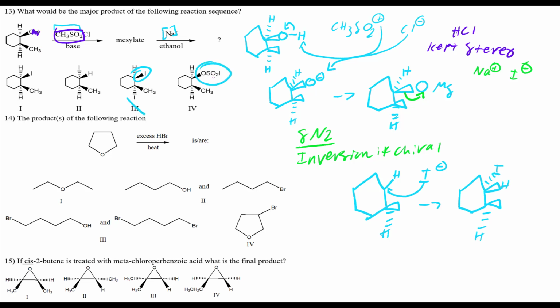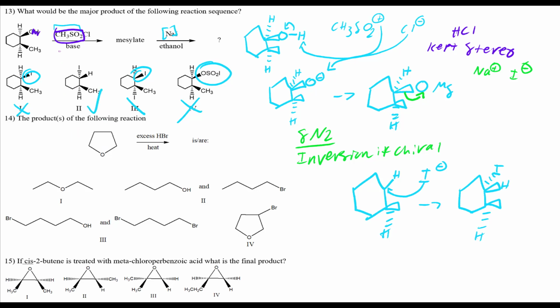Right here, they connected the iodine to the mesylate, which is not correct. That's wrong. Over here again, your iodine is in the wrong area. Your iodine should be a hash, and over here this is correct because your iodine is a hash. So this would be the correct answer choice.